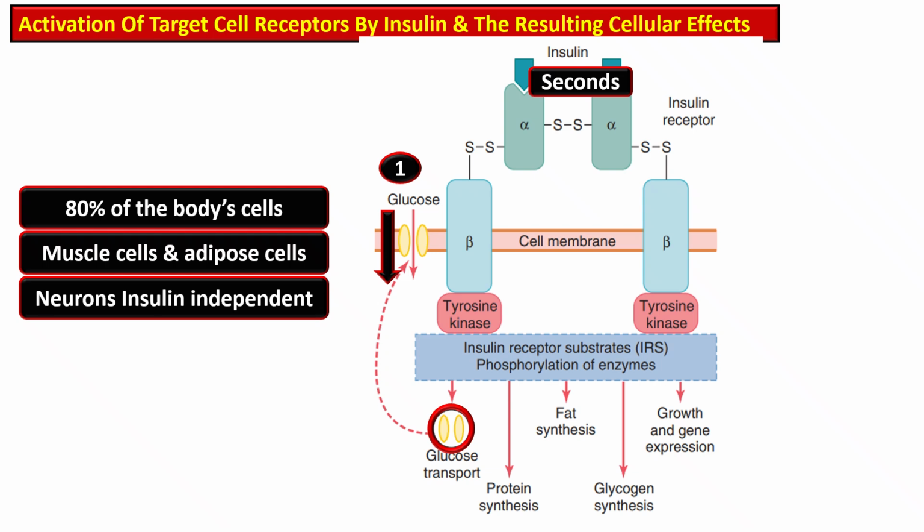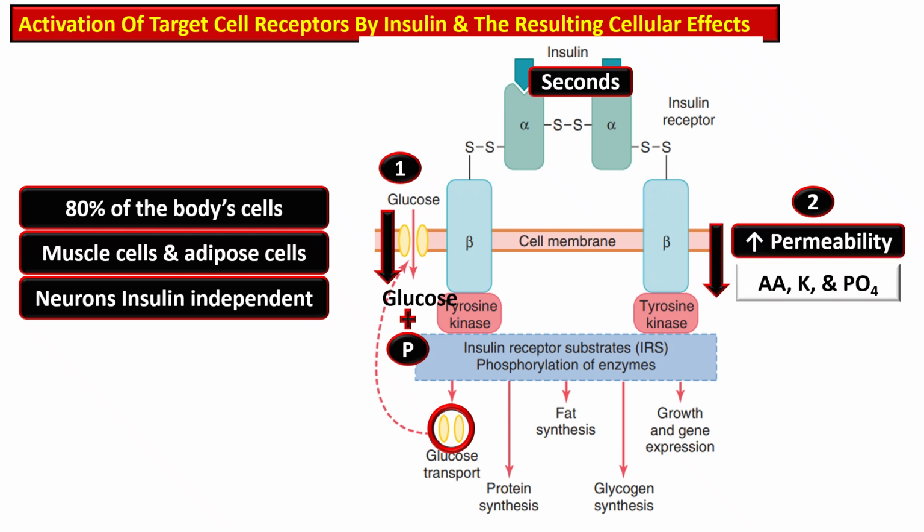Once insulin is gone, these vesicles are removed from the membrane in 3 to 5 minutes and recycled. Immediately after entering the cell, the glucose is phosphorylated, trapping it inside the cell and making it available for carbohydrate metabolism.